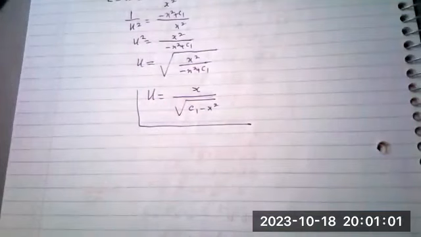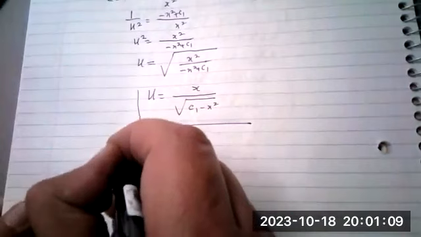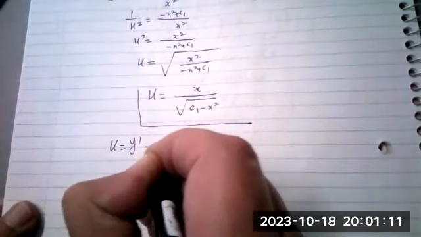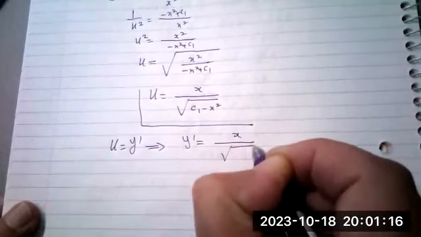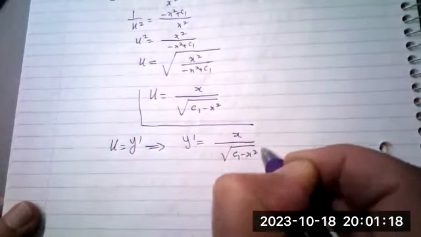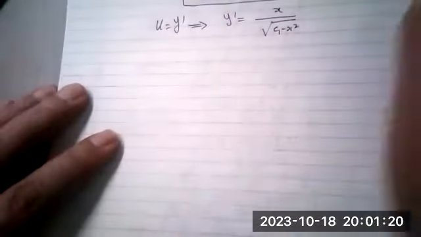But you're not done because u is y prime. You replace u by y prime and then you find y. So y prime is equal to x over the square root of c1 minus x squared. You change y prime into dy dx and you integrate it.